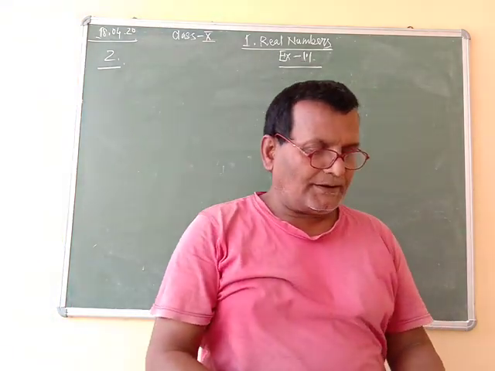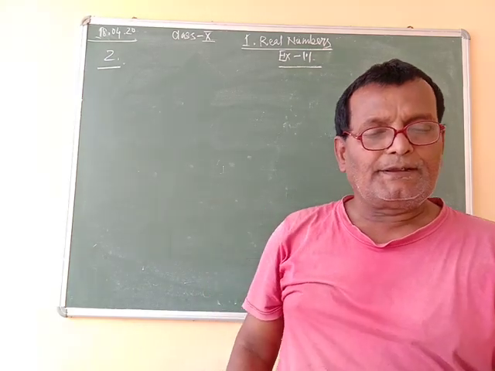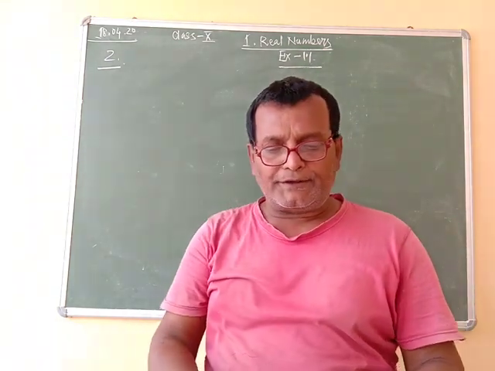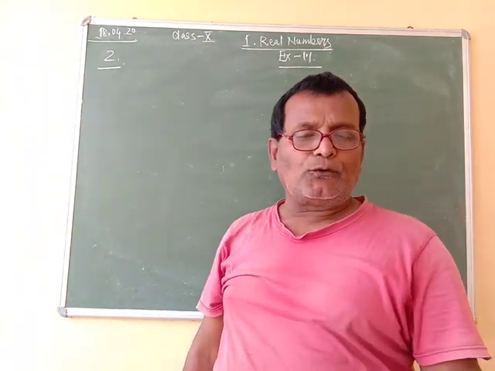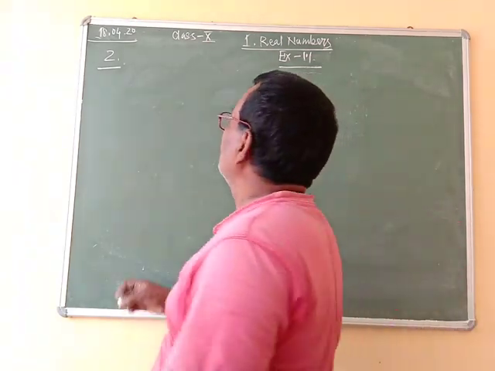Question 2 is: show that any positive odd integer is of the form 6q plus 1 or 6q plus 3 or 6q plus 5, where q is some integer.